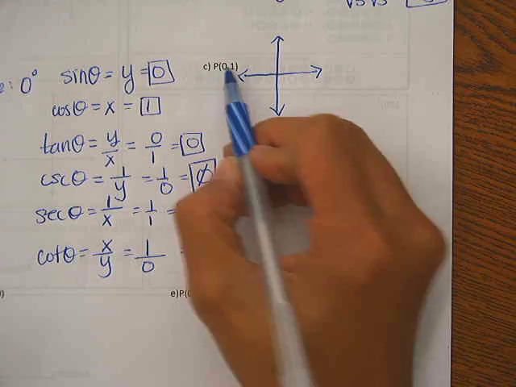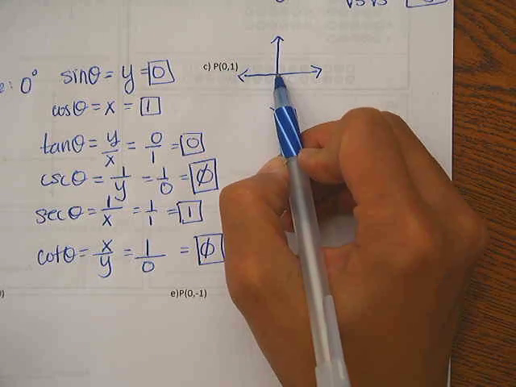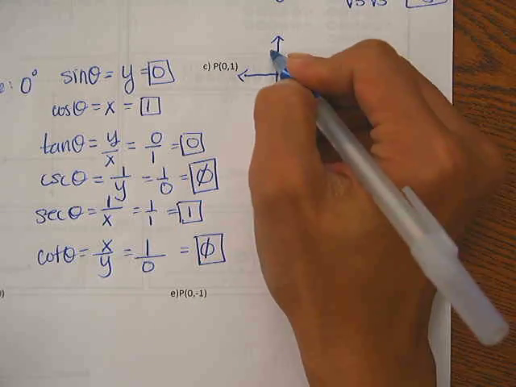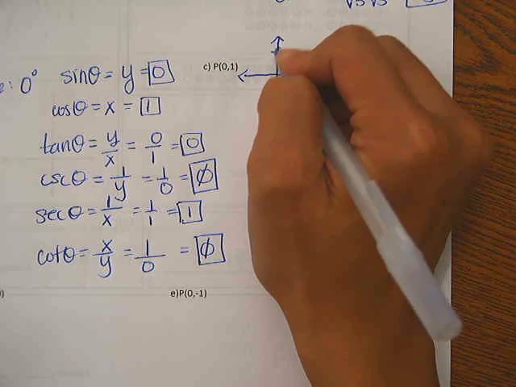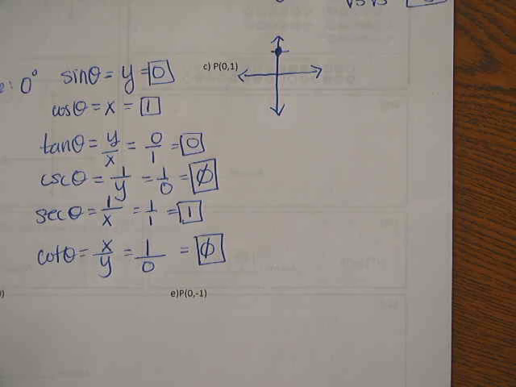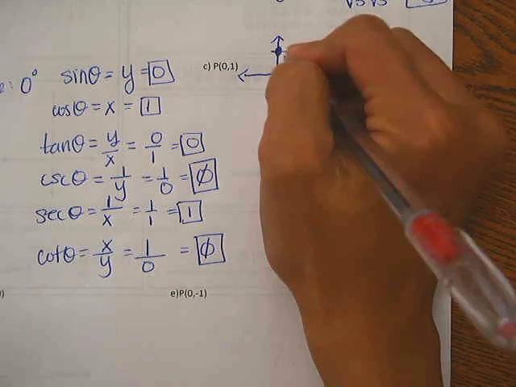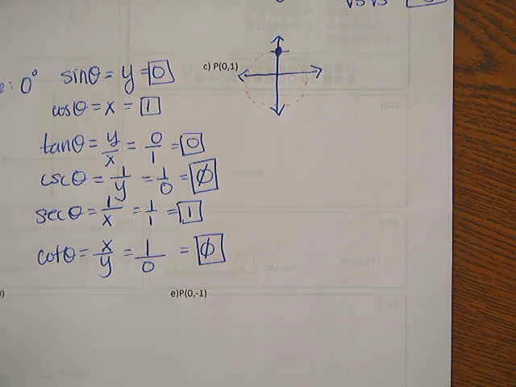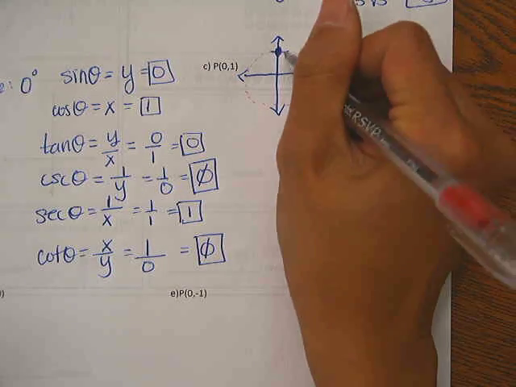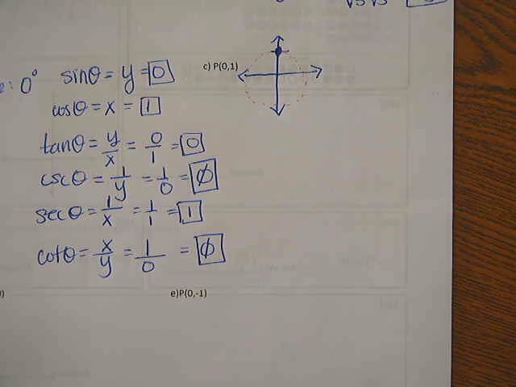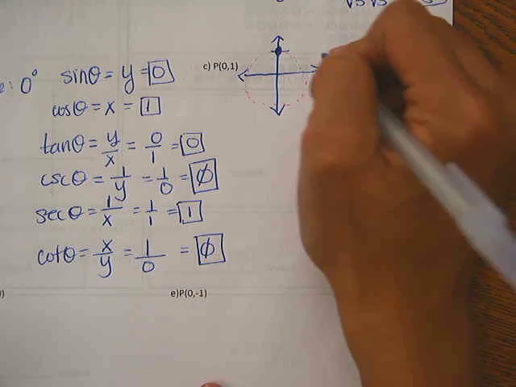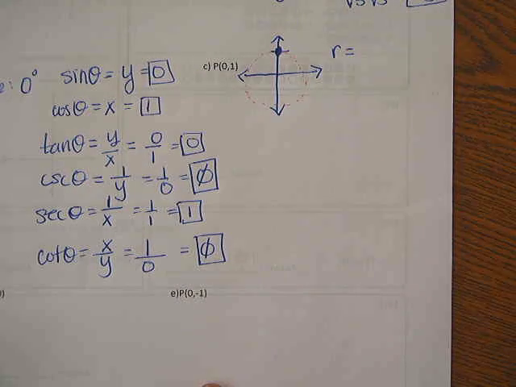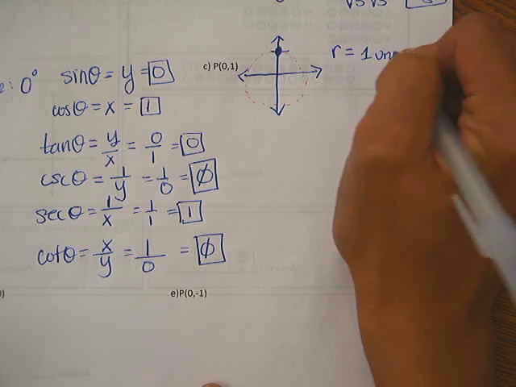So when x is 0, we're staying at the origin. Y is 1, so we're going to go up 1 unit and plot a dot. If this dot is here, keep in mind that this is a unit circle, so if you wanted to, you can even do a little sketch of a circle. Because we have this dot on the circle, we know it's on the unit circle, so we know for sure the radius is 1 unit.